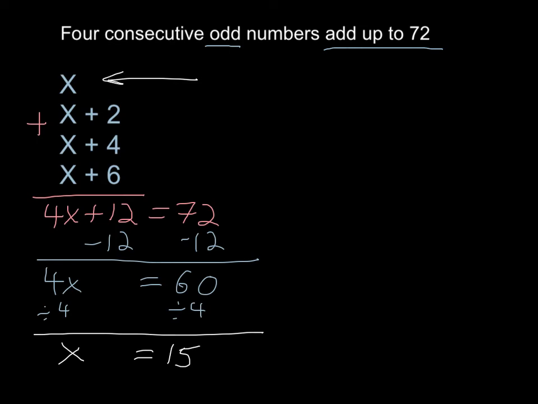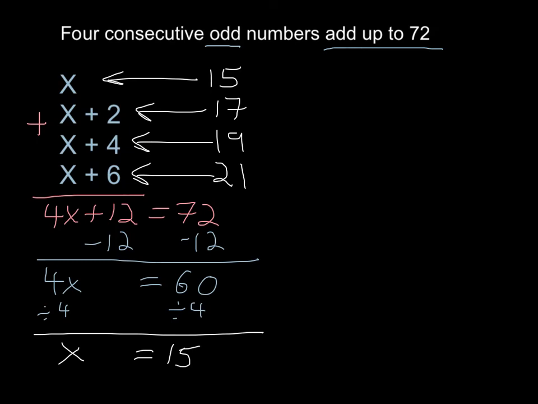Once again, that just tells me the first number. This is 15. x plus 2 is 17. x plus 4, 19. x plus 6 is 21. So these are my 4 consecutive odd numbers that add up to 72.